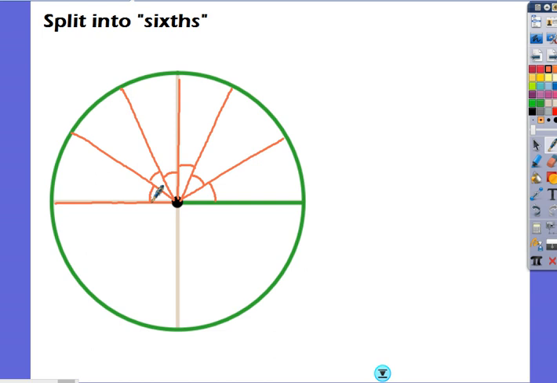So that's our top half of the circle, 180 degrees, divided into sixths, which is 30 degrees each. So when we're talking radians, instead of saying 30 degrees, we're going to say pi divided by 6 radians. Pi over 6 radians is the same thing as 30 degrees.